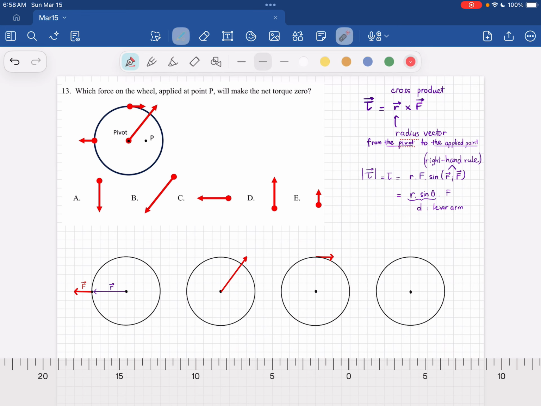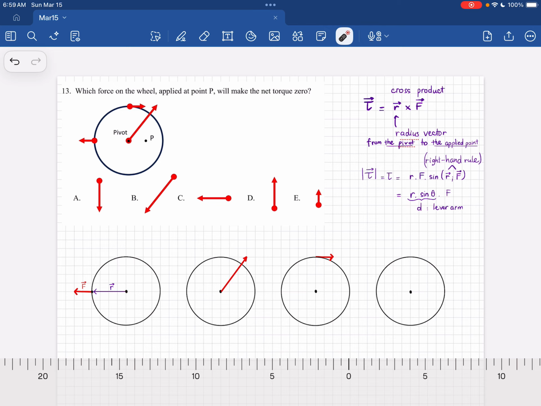Next, in order to find its magnitude, we need to find the angle made between the R vector and the F vector, rotating from the R vector to the F vector so that the angle is the smallest one. But what's really special is that the R vector and the F vector are in the same direction, right?